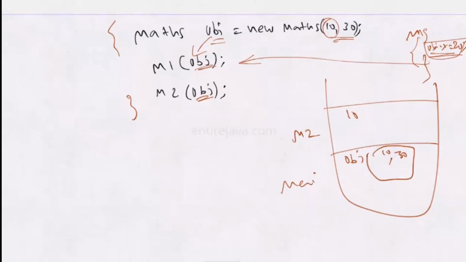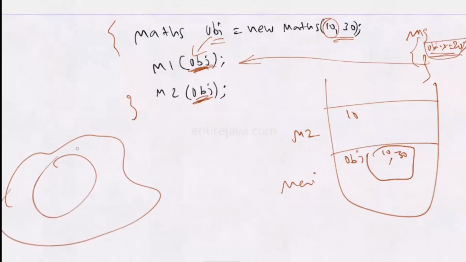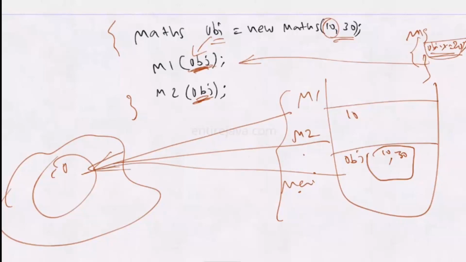We're not getting the updated state of that object. Hope that makes sense. Whereas if the object is residing in the heap, as you can guess, in all these methods M1, M2, M3, we're actually talking about the same object, and we're all pointing to the same object. If the state is updated by method M1, the rest of the methods will get the updated state.